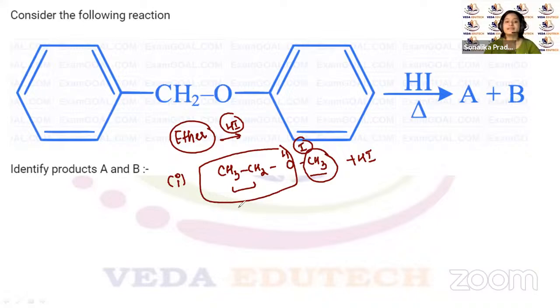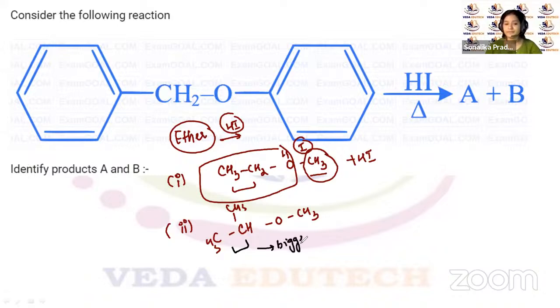Now suppose you have a bigger group and a smaller one, but the bigger one can form a stable carbocation.